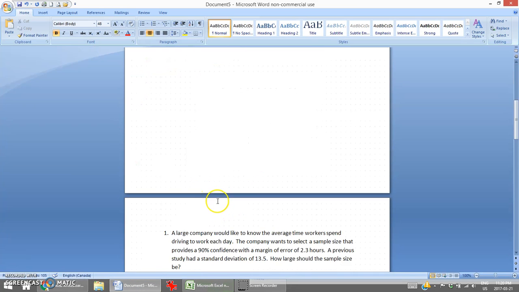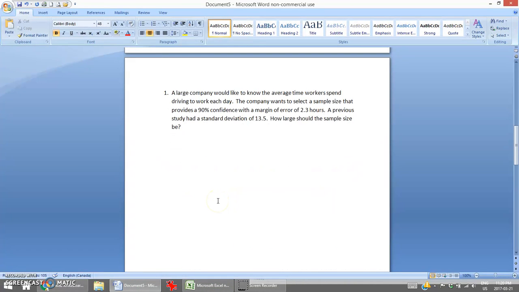This is from your course package. A large company would like to know the average time workers spend driving to work each day. The company wants to select a sample size that provides a 90% confidence with a margin of error of 2.3 hours. A previous study had a standard deviation of 13.5. How large should the sample size be?